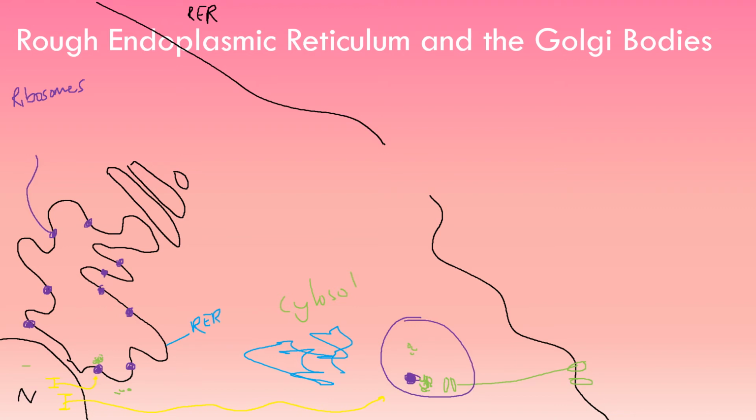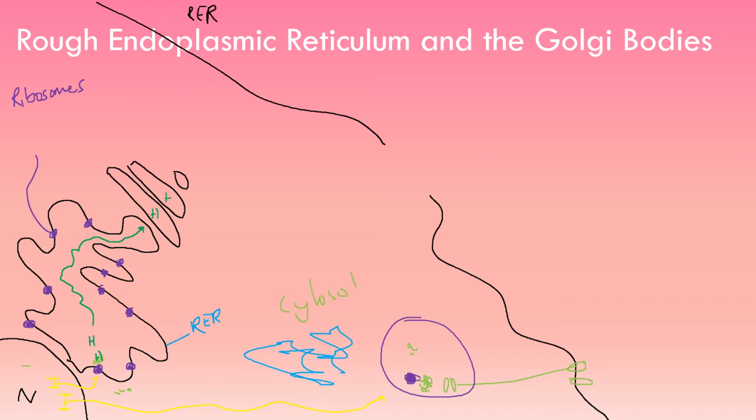So I'm going to give this green protein here the H for hormone. Okay, so this here is the H. This is a protein. It's made of amino acids, and that hormone will travel through the rough endoplasmic reticulum, and it'll go through into the Golgi bodies.